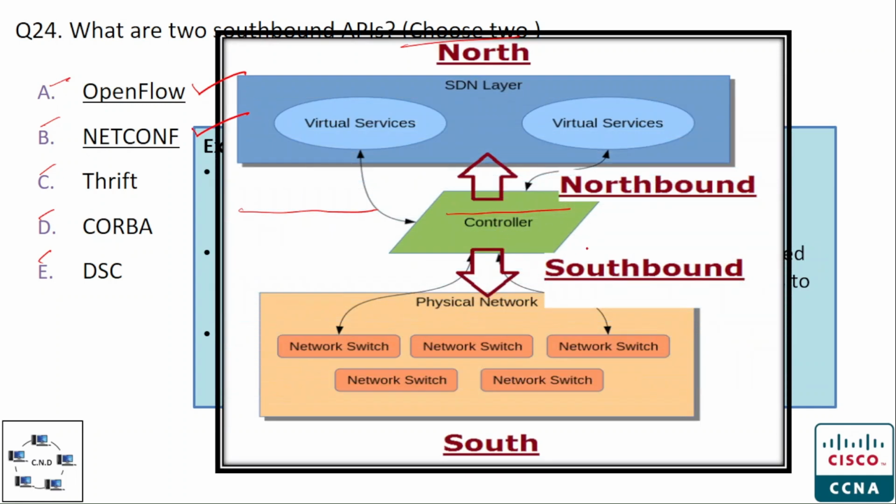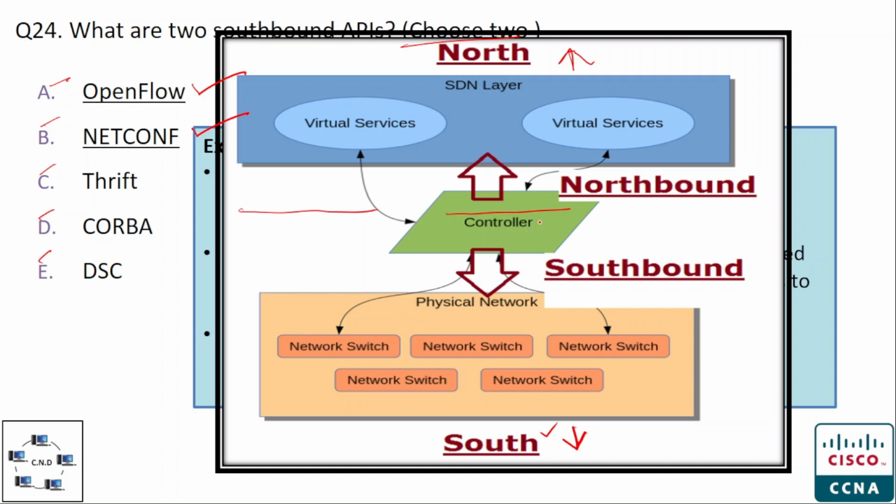So this is how the northbound and the southbound APIs work. In this direction, this is north, and this is south. The southbound API means that the data flow direction or the configuration direction is towards south.